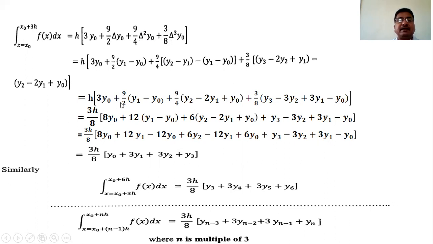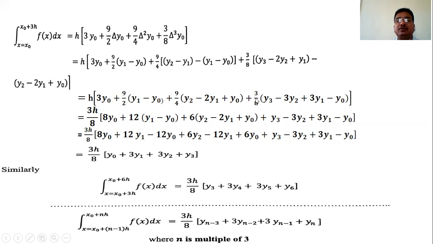So this 3y0 as is, then 9 by 2 delta y0. Ignore this step, directly write this step. That delta y0 is y1 minus y0, delta square y0 is this quantity, and delta cube y0 is this quantity. And then take this 3 by 8 as common factor. If you take 3 by 8 common, it means multiply this bracket by 8 and divide by 3, the reverse procedure.